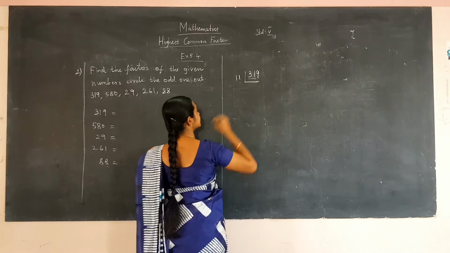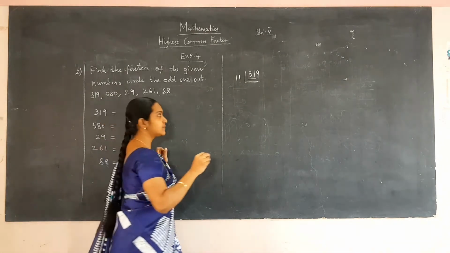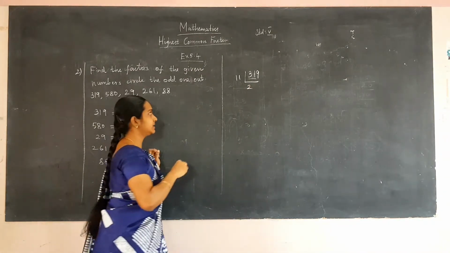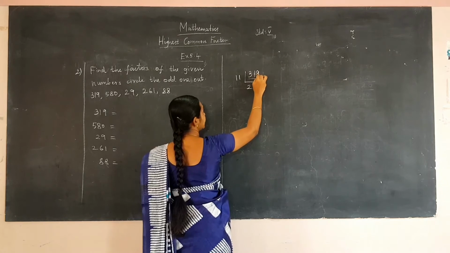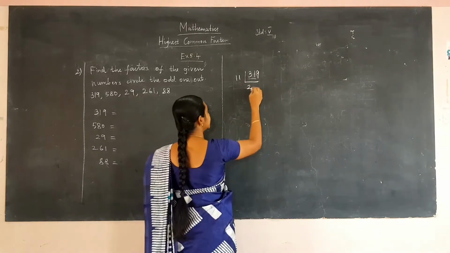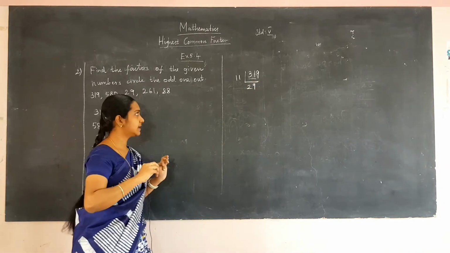First consider the first two digits, 31. 11 into 2 is 22. So write 2 here. 9 is remaining, so the number here will be 99. 9 into 11 is 99. So 29 is the number.